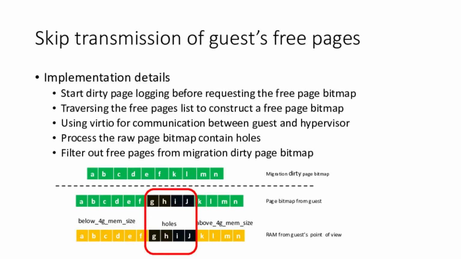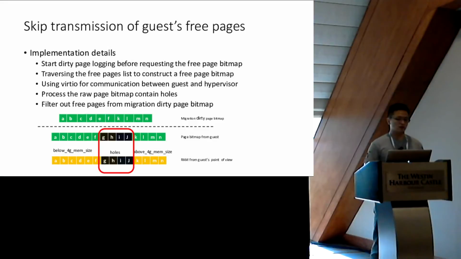In order to implement this feature, first we should start the dirty page logging. Then we send a request to the guest kernel by using the virtio-balloon device. Once the guest kernel receives this request, it will walk the free page list and construct a free page bitmap.